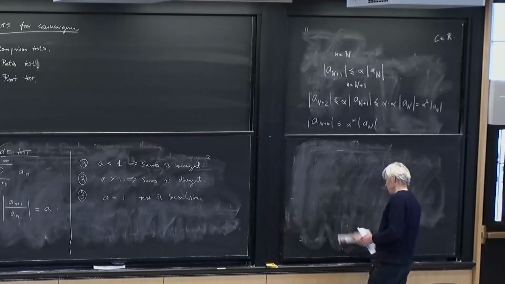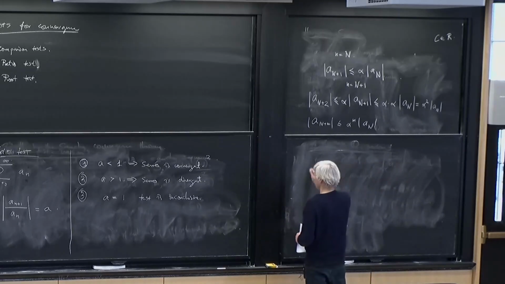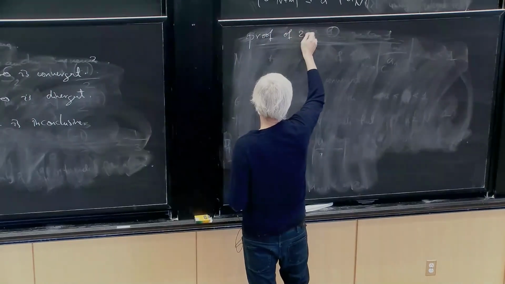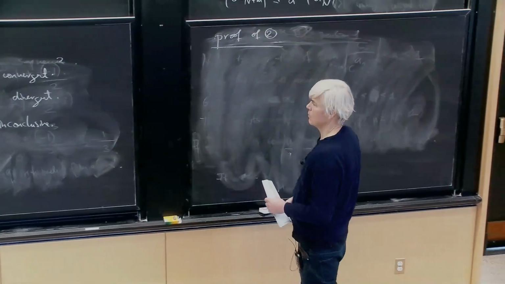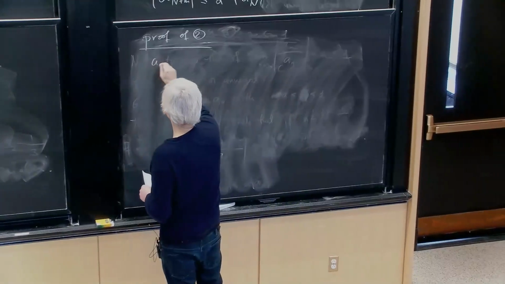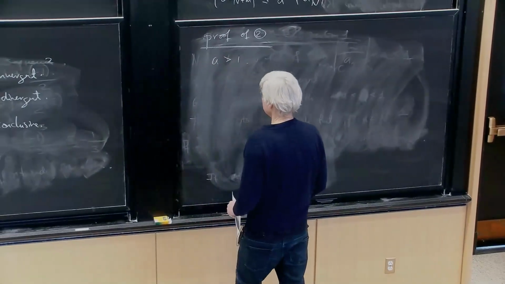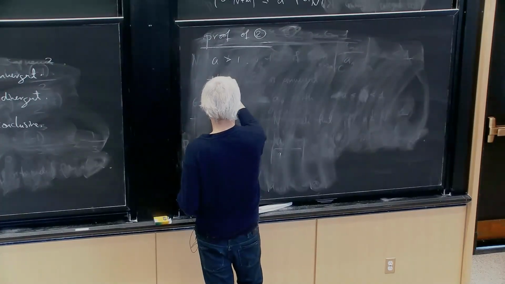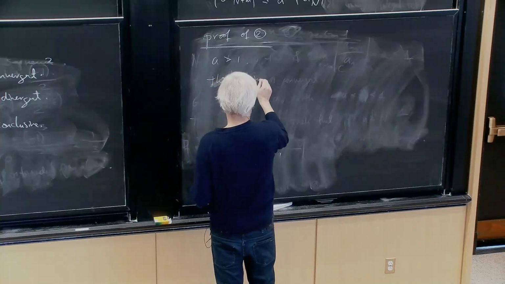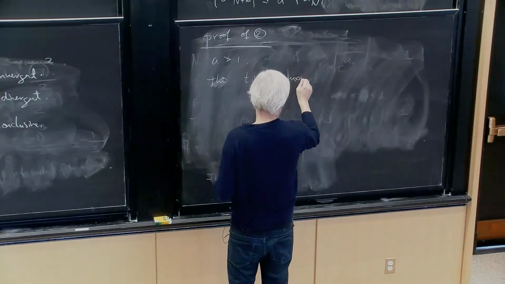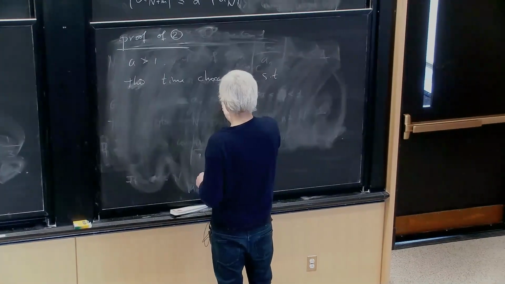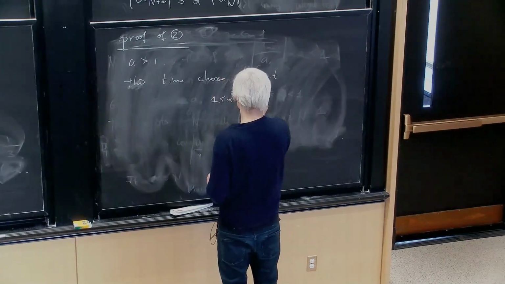But you want to show that if this limit, so proof of 2, we're assuming that a here is bigger than 1. So this time choose alpha such that alpha is bigger than 1, but smaller than a.